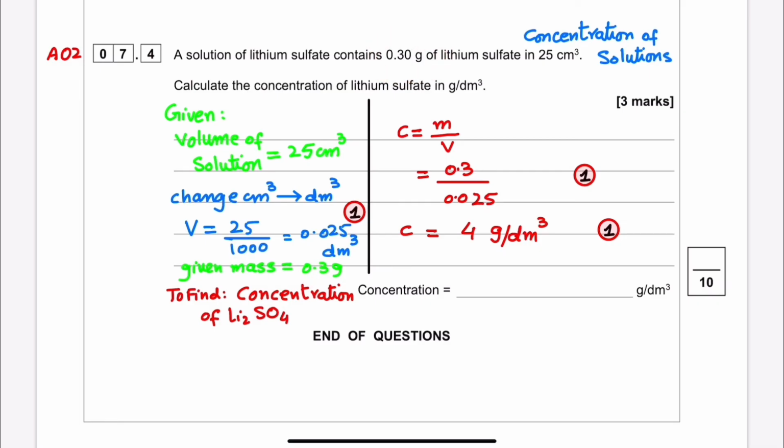We need to find the concentration of lithium sulfate. We have the formula that concentration is mass per volume. The mass is already given, 0.3, and we already changed 25 centimeter cubed into 0.025 decimeter cubed. We substitute these values in the required places, and by using the calculator, the concentration answer is 4 gram per dm cubed.